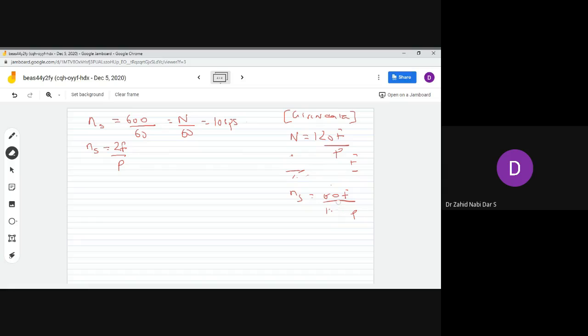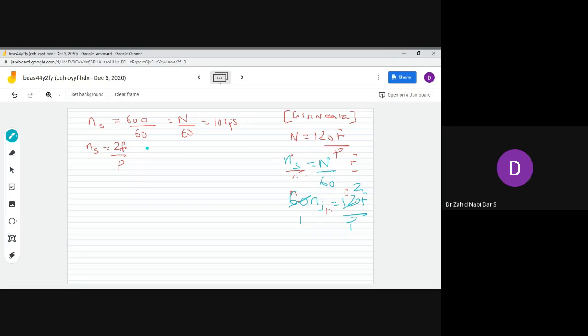Ns is equal to N by 60, so instead of N you have to write 60 Ns. So this would be 120 f by p, and dividing by 60 gives 2 f by p. Correct.